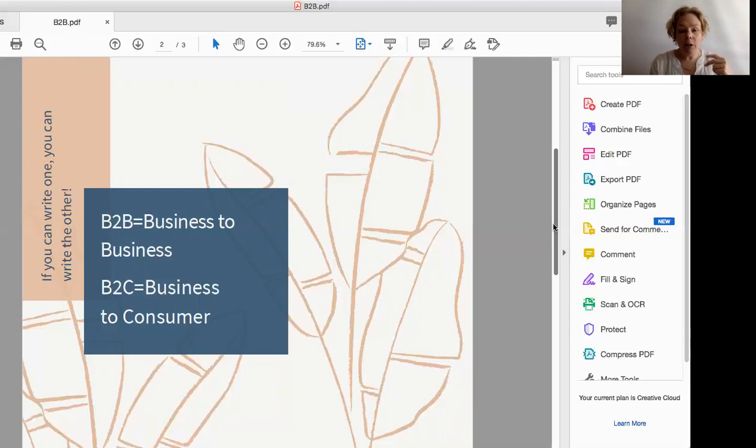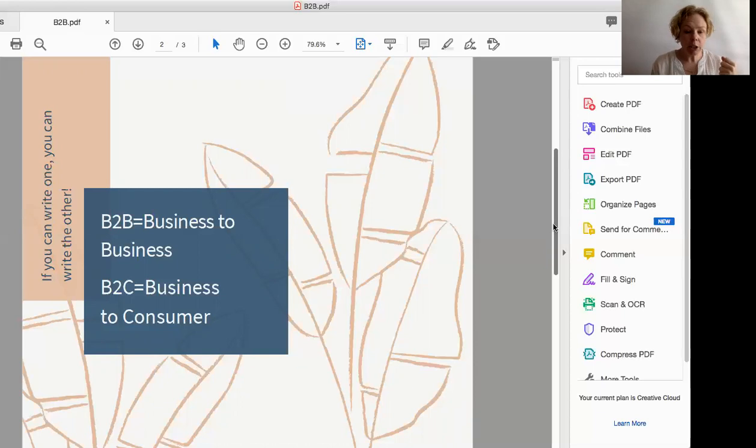When people hire, if you see postings for writing jobs, a lot of times they'll ask for one or the other, the assumption being that you know how to do either business to business or business to consumer. There is a difference in how you target the writing. There are a lot more insider terms, and it's going to be more serious when you write business to business. It might be a little bit looser, maybe friendlier, as business to consumer writing.